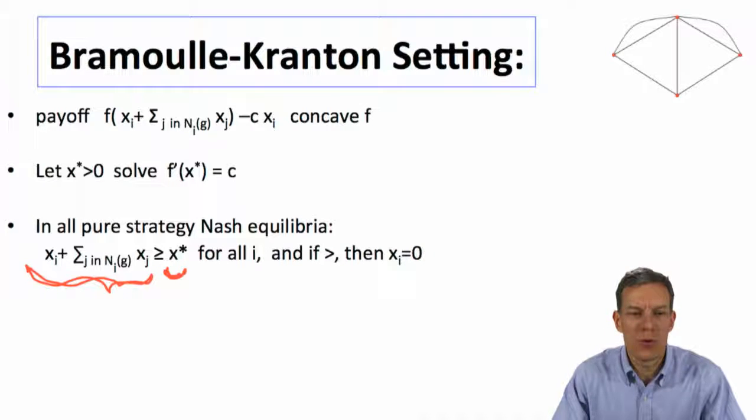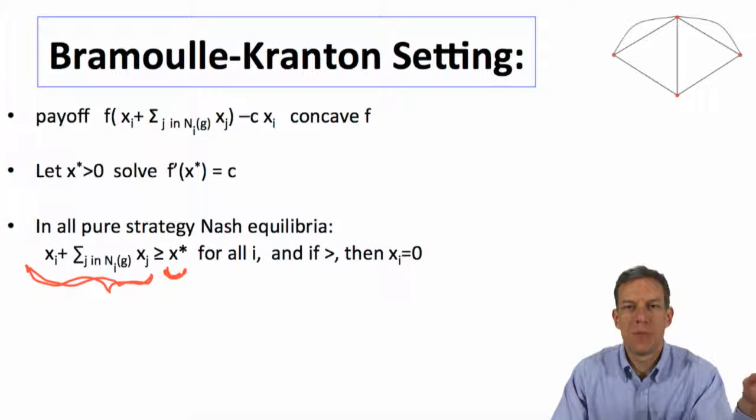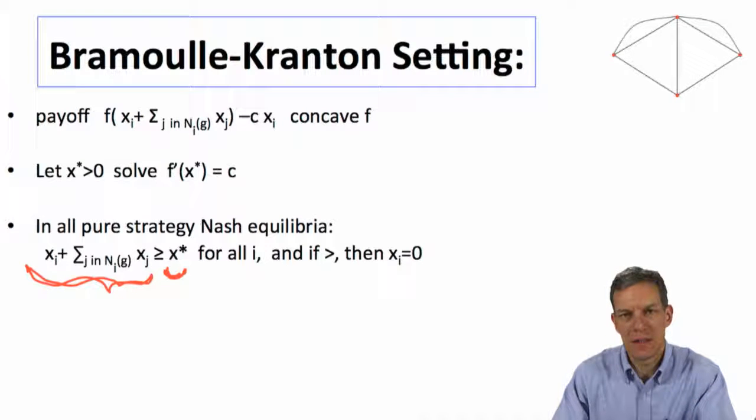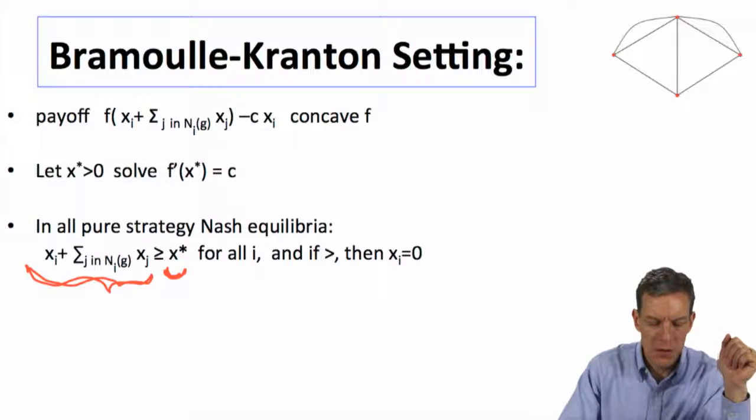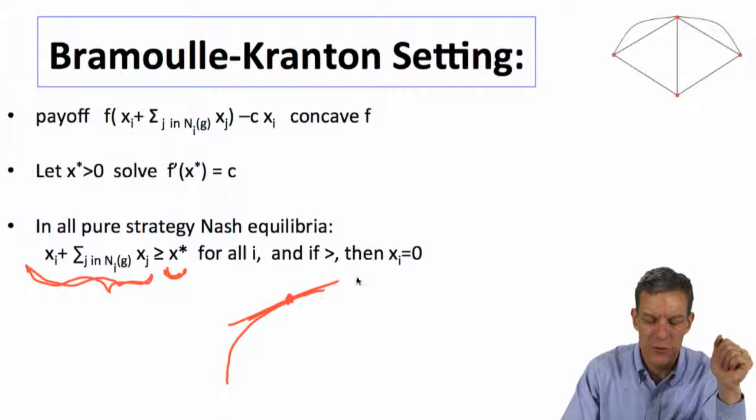And why is that true? Suppose that the amount that was being provided in somebody's neighborhood was less than x star, right? So say x star over 2. Well, given that this is a concave function, x star is the point at which this derivative is exactly equal to c. So when we look at where f prime is, that's equal to c.